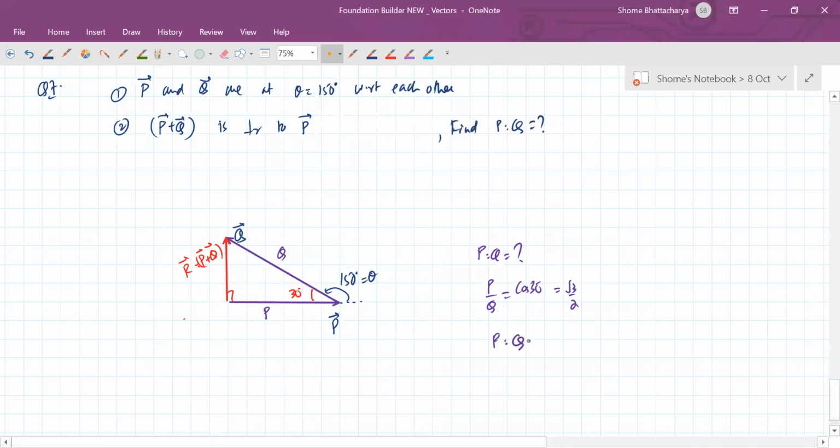So P is to Q will be this much. Okay, so hope this question is clear. Next we'll do the ninth question. Similar kind of method. So just try it out.